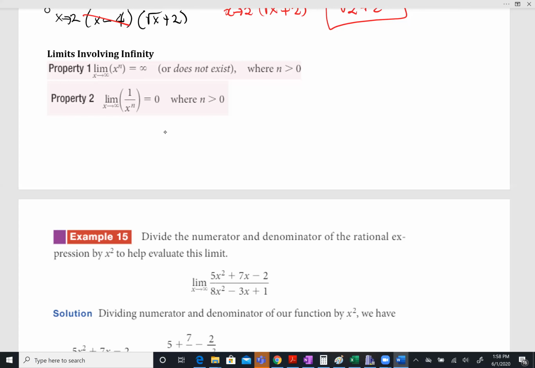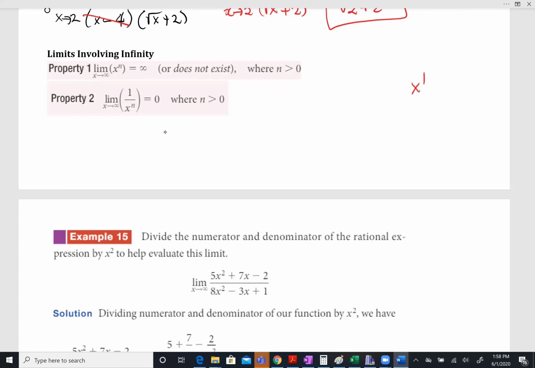If you consider why, maybe think about x to the power 100, or even x to the power 1.